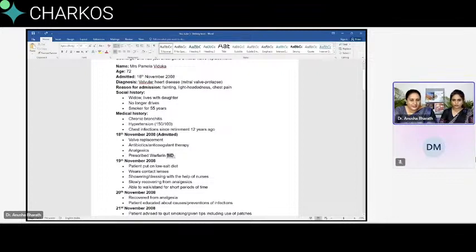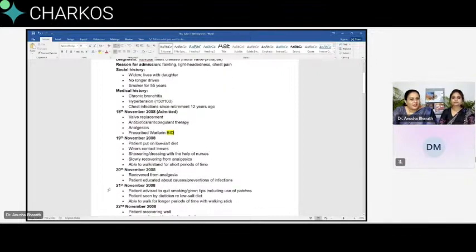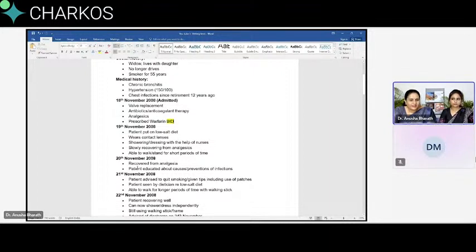Please note this acronym, BID. And on 19th November 2008, patient put on low salt diet, wears contact lenses, showering, dressings with the help of nurses, slowly recovering from analgesics, is able to walk or stand for short periods of time.